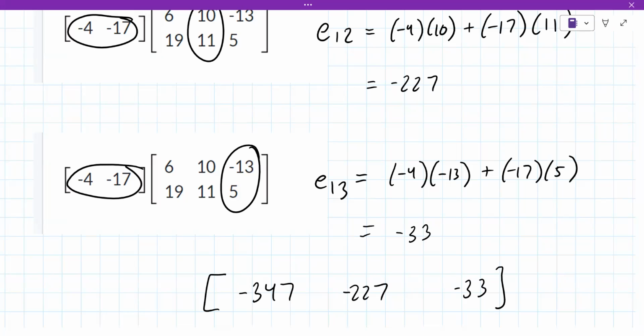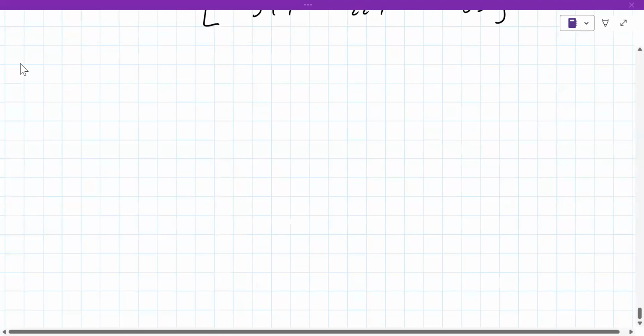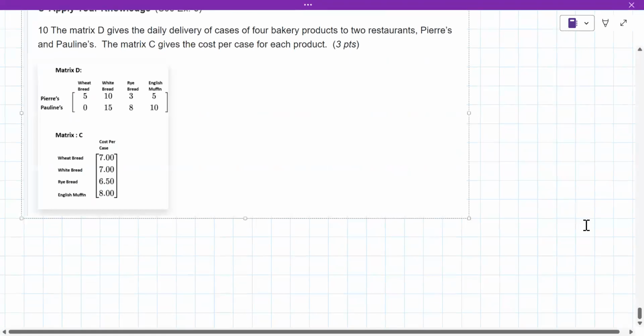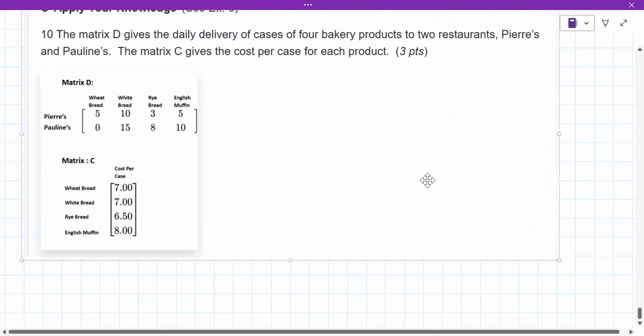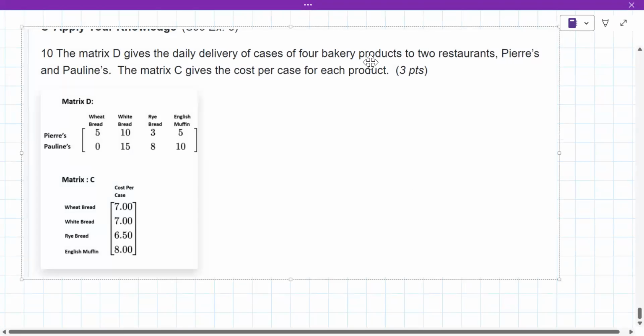Okay. Apply your knowledge here. Let me go ahead and snip this in. Here we go. The matrix D gives the delivery of cases of 4 bakery products to 2 restaurants.